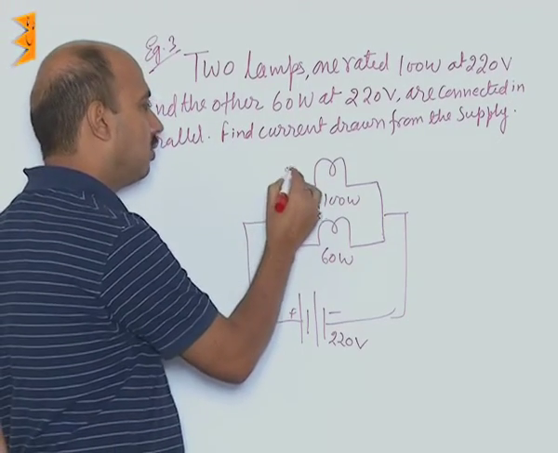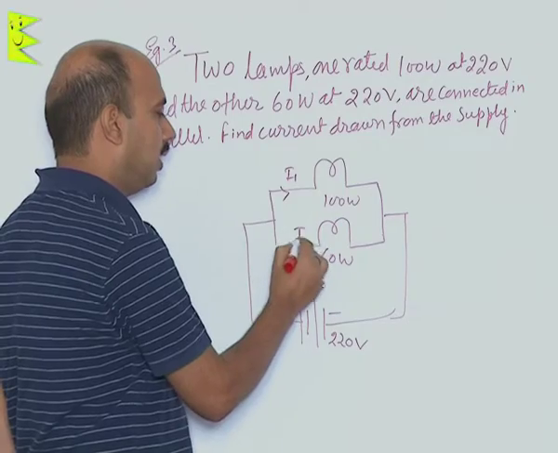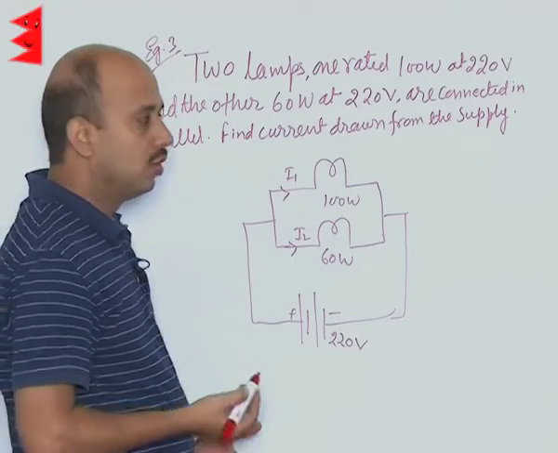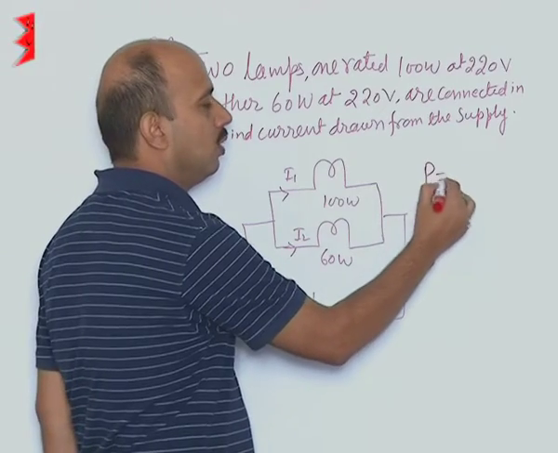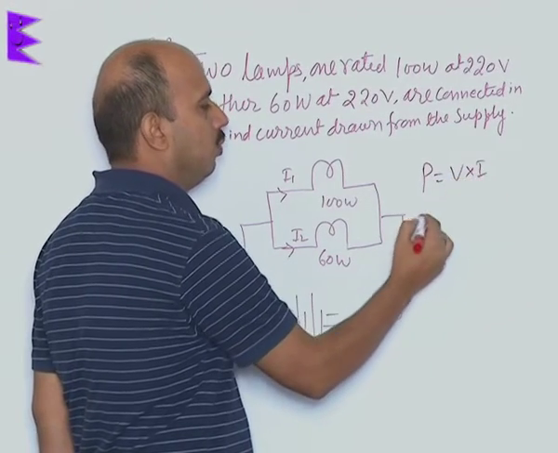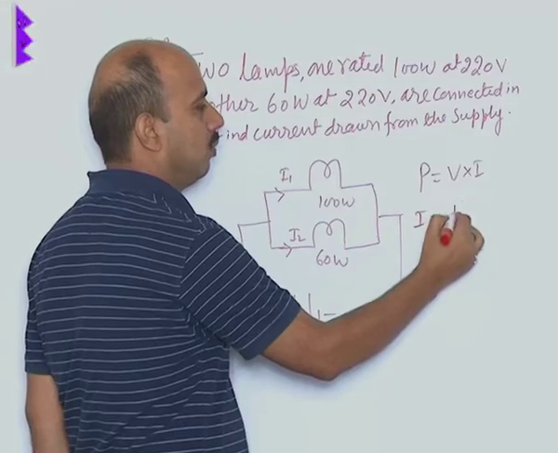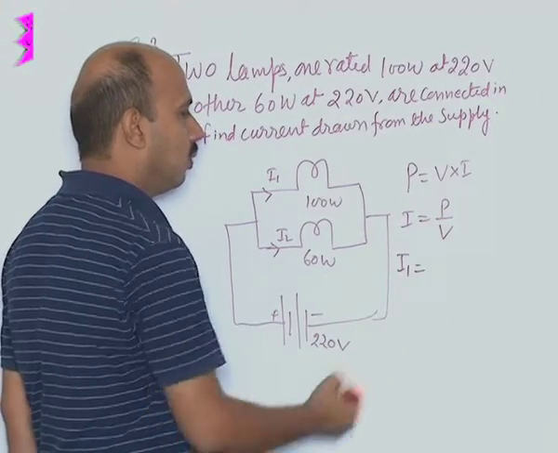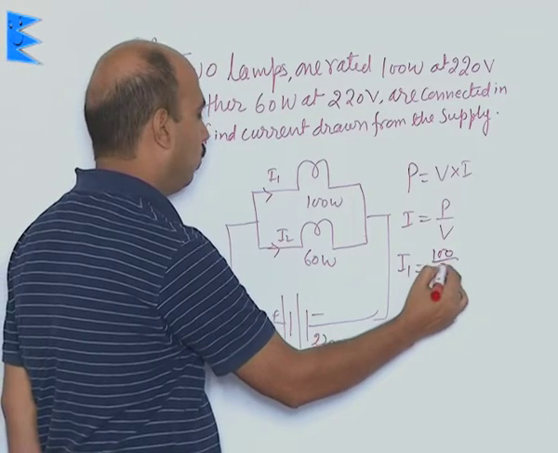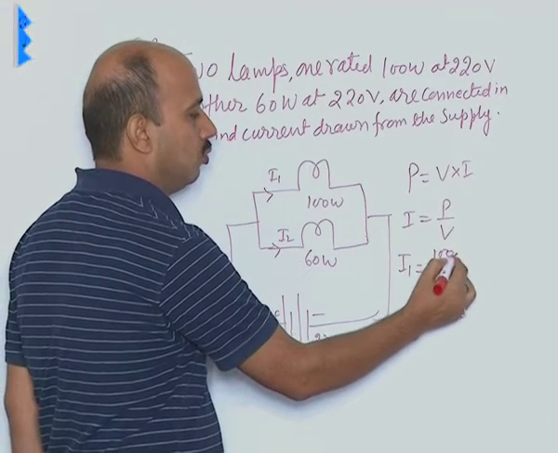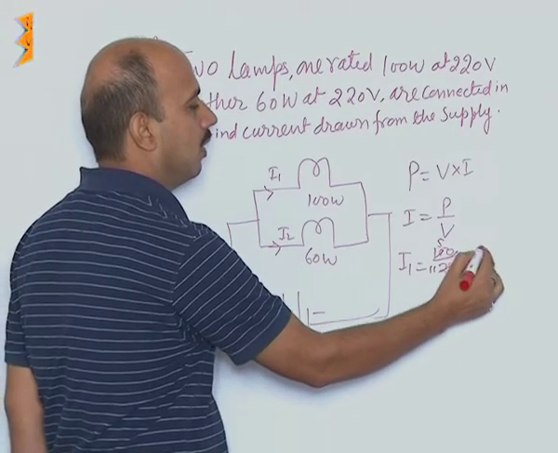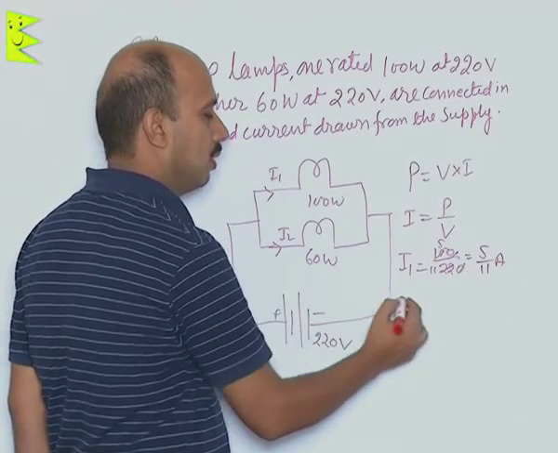We know this is I1 and this we can take as I2. Both are connected to the same source. So we can use power is equal to V into I. So we can write I is equal to P upon V. First, we can calculate I1 is equal to 100 upon 220, that is 5 by 11 ampere.